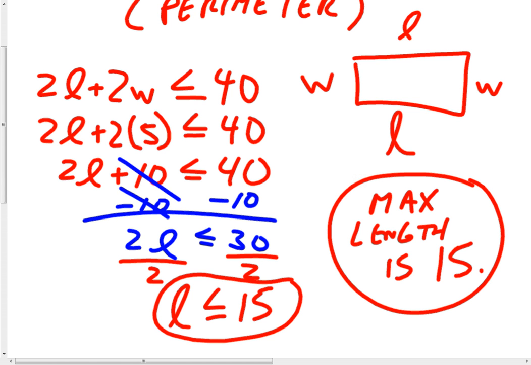What's the last thing on our agenda today? Solving for a variable when we have more than one variable. Has anybody ever seen this formula before? This is probably the most important thing we're going to do this year.